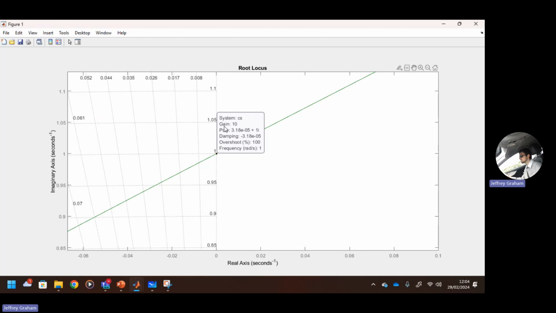Right, gain, you can see, is 10. The other thing to point out, obviously, the pole split into two, but the real part is insignificant and so small. Examine the imaginary part that says plus 1i or 1j.